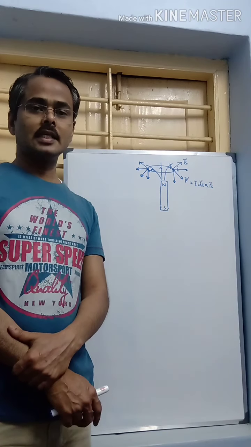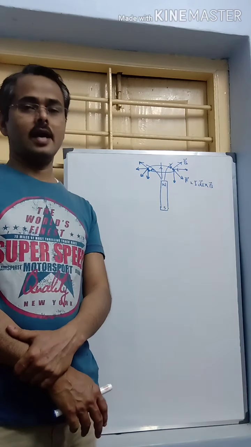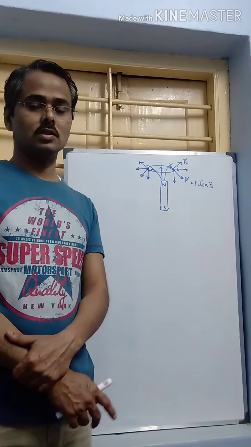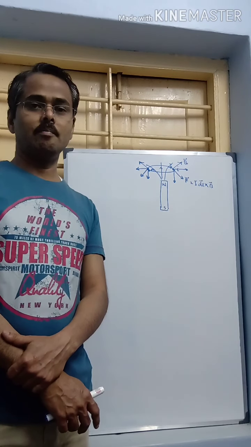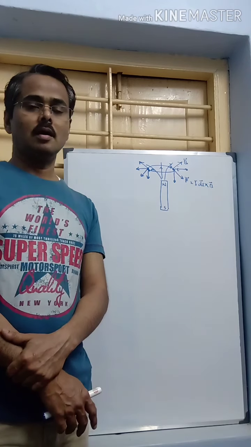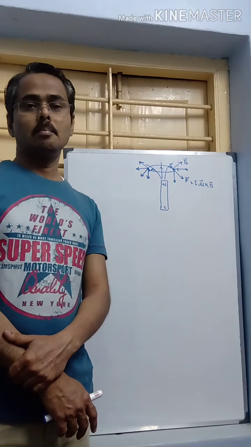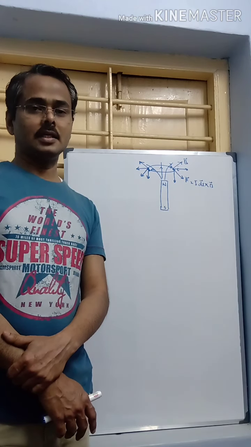And since all matter contains atoms and electrons revolving around certain orbits, we have magnetic property in all the materials. That's why we are going to study today the magnetic property of materials.